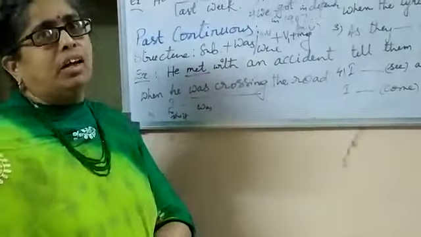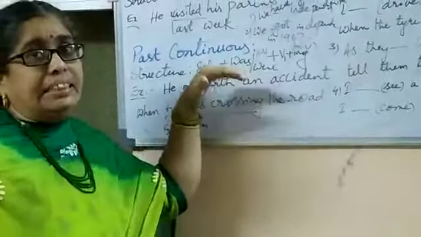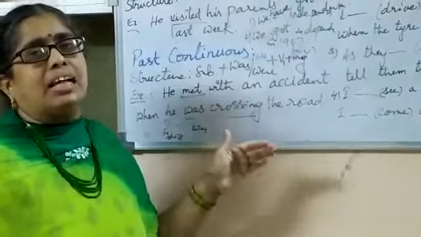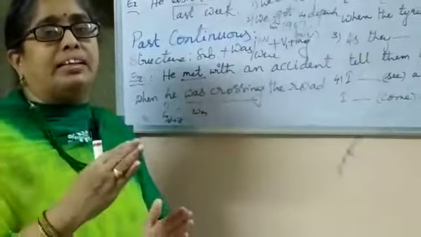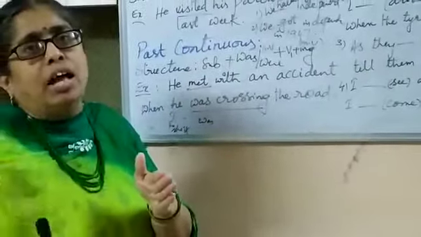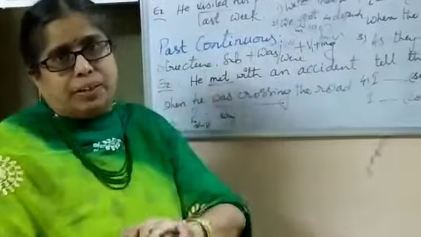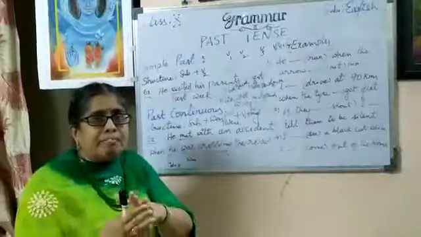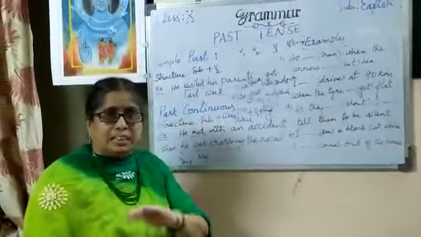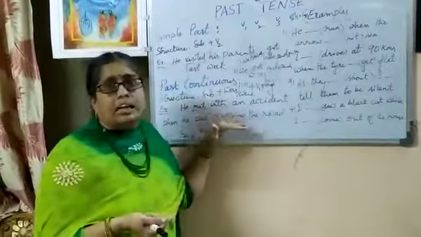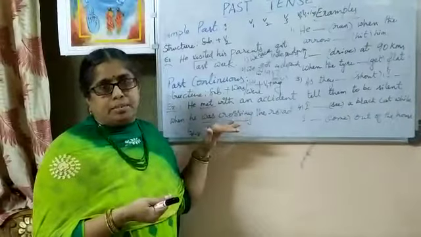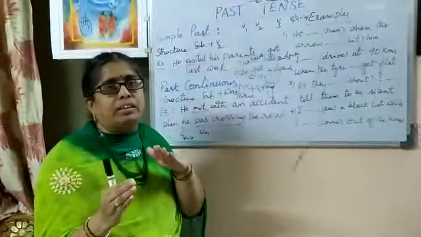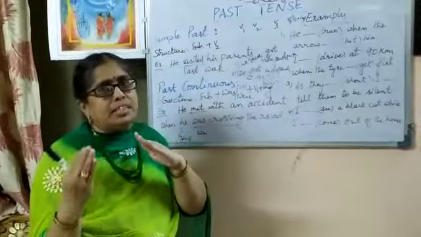That means here, when one action is completed, at that time only another action was going on. And this ongoing action was the reason for another completed action. Like that we use past continuous. That means some action was going on, at the same time another action is completed.